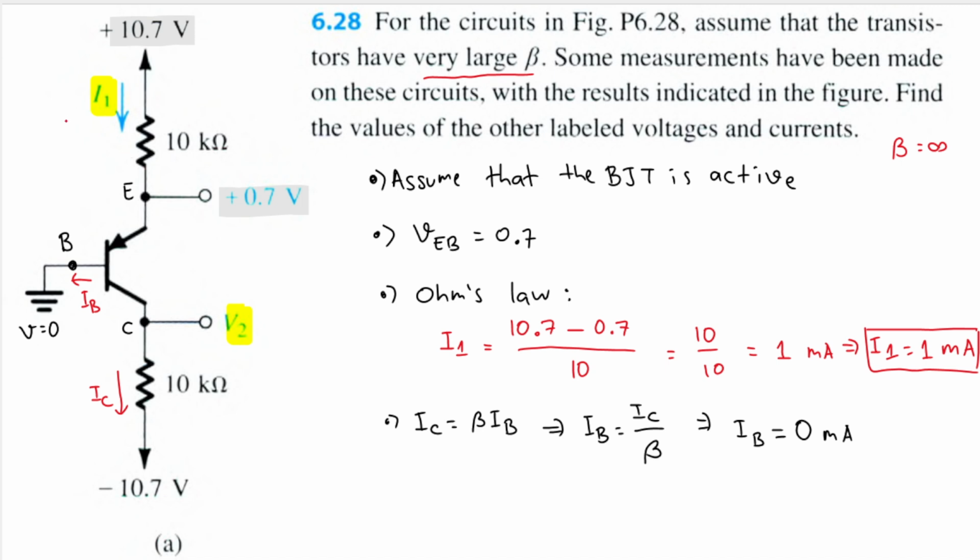So here I1 is 1 milliampere, and then IB is 0 milliampere. But then we can calculate IC using KCL at the BJT.